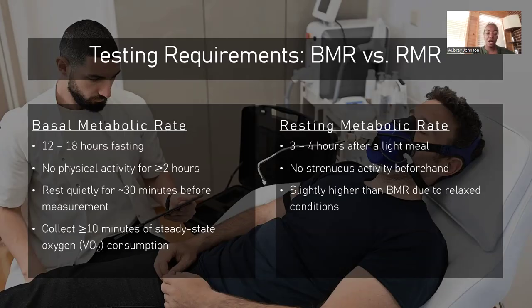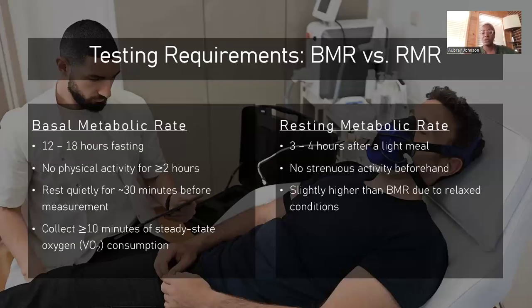And from there, it is encouraged that the participant does not participate in physical activity within at least 2 hours of when you actually conduct the test. The person before the test starts is required to rest quietly for 30 minutes before we even start clicking buttons. And from there, we are required to collect at least 10 minutes of steady state oxygen consumption.